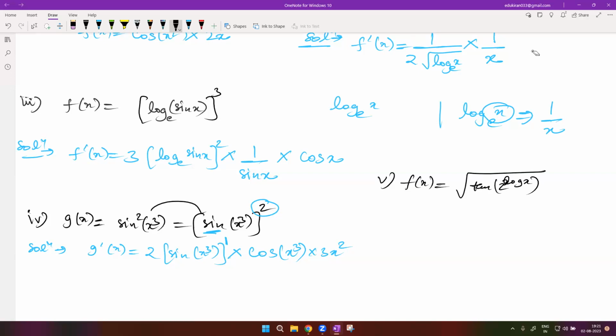Root over tan 2 to the power log x. This one is 7.